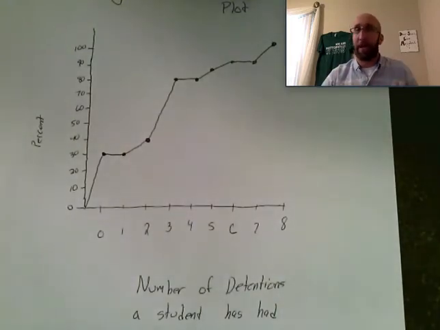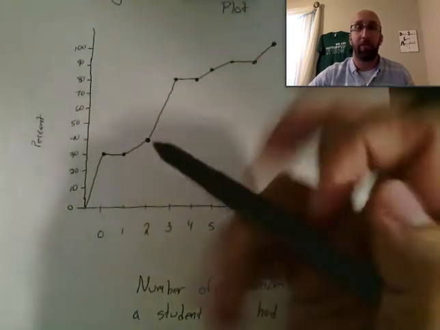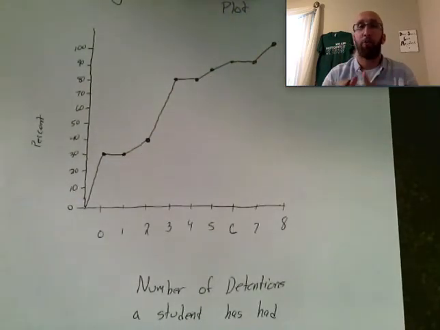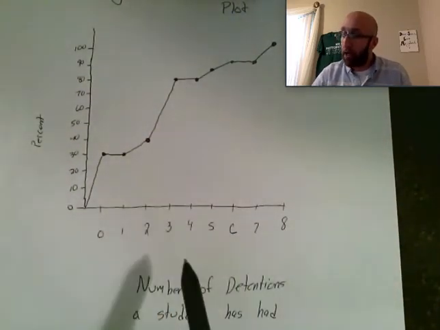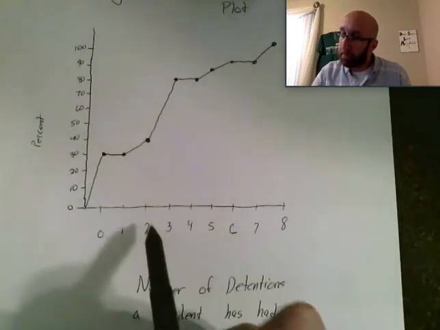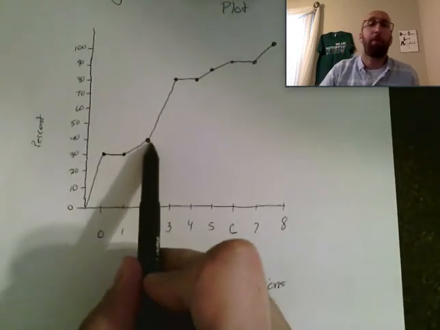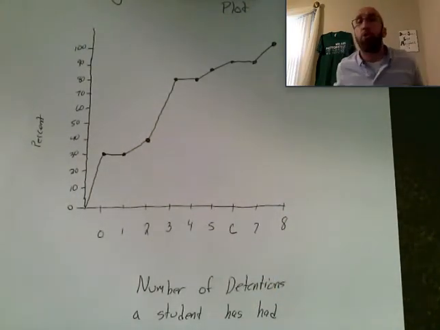Doing simple math there, 80 minus 40, I know 40% of my students have had 3 detentions. But if you look at it just at that point alone, that means 80% have had 3 on down. One more way to say that is, this point right here, 2, is at 40. So that means 40% of my data set has had 2 or less detentions.